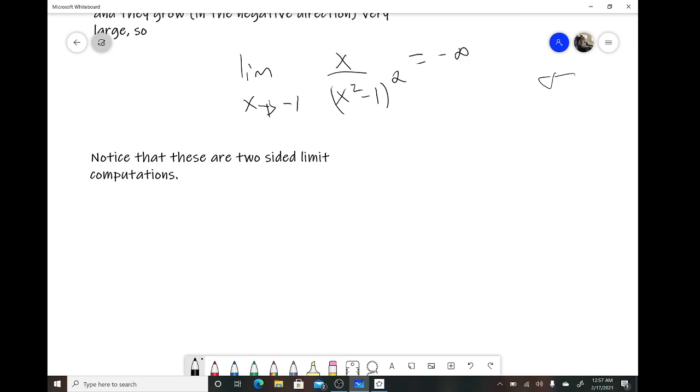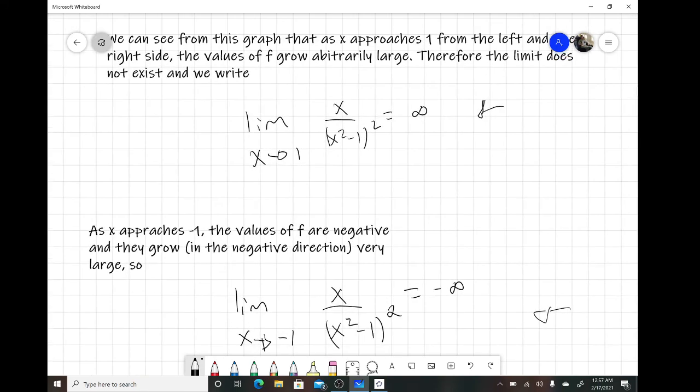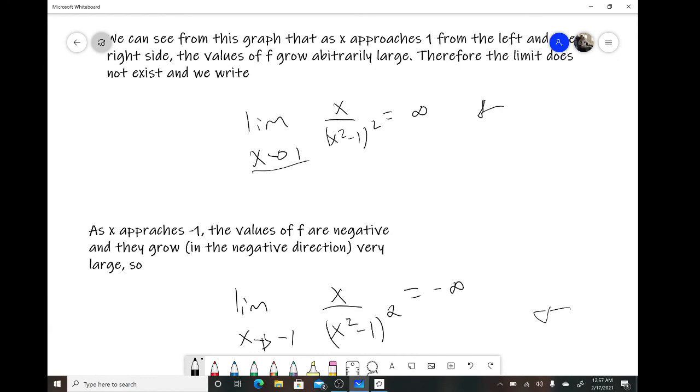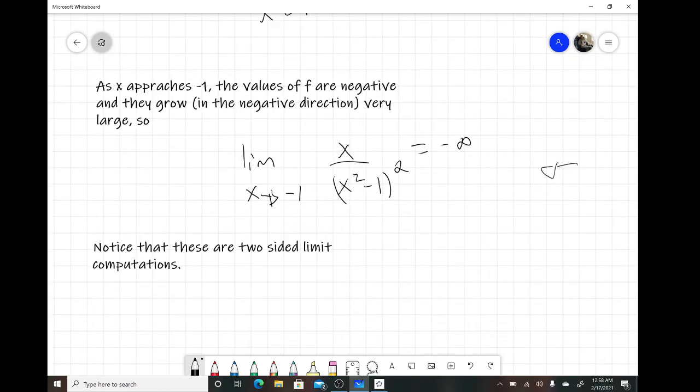If we're going in opposite directions as they go to 1 or -1, for example, then you clearly will say the limit does not exist. You will not say that the limit is infinity or the limit is minus infinity.